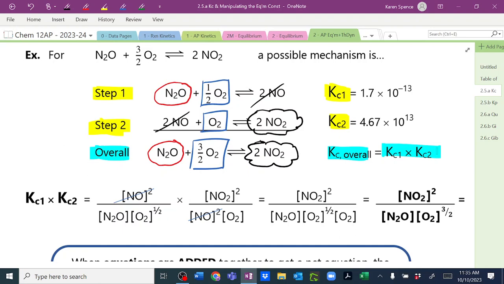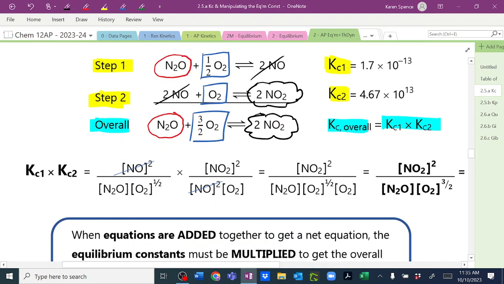So it probably looks familiar because it looks a lot like Hess's law, and it looks a lot like reaction mechanisms. So if you look at this, when you multiply the 2, you write the KEQ expression for step 1, and you write the KEQ expression for step 2.